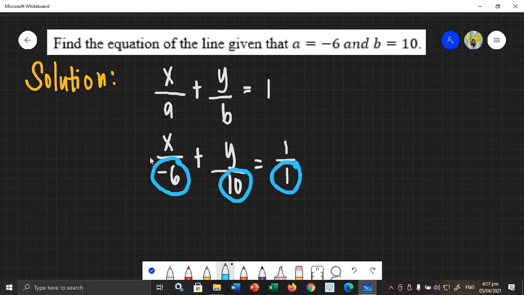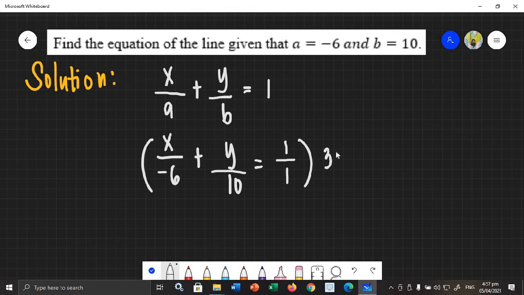Without showing how to find the LCD here, the LCD of -6, 10, and 1 is 30. Using the LCD, we need to multiply the whole equation by the LCD. Just write a parenthesis there and multiply the whole equation by the LCD of the denominators of your equation.